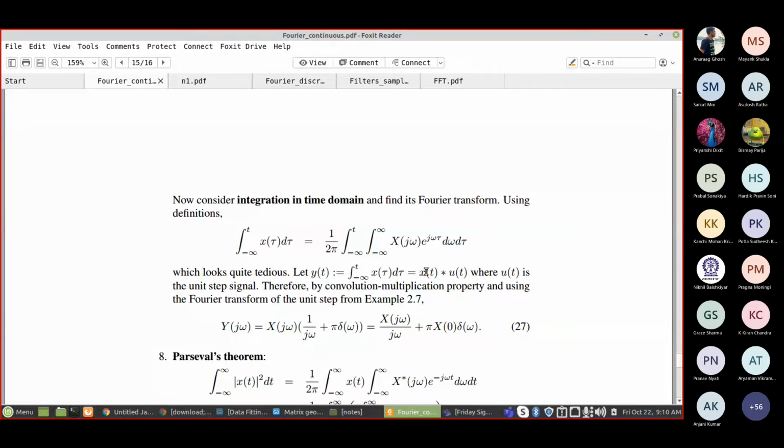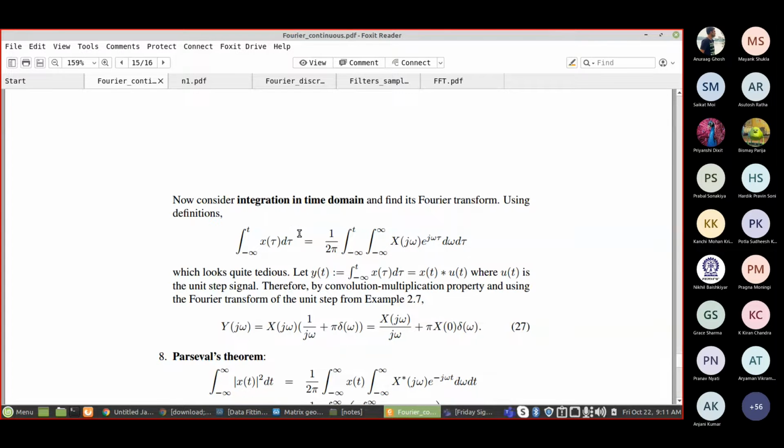And now you can use the multiplication-convolution property to find the Fourier transform of this function y(t). That is just X(j omega) times U(j omega), and U(j omega) we have already derived. So you get this property. So this is integration in time domain.